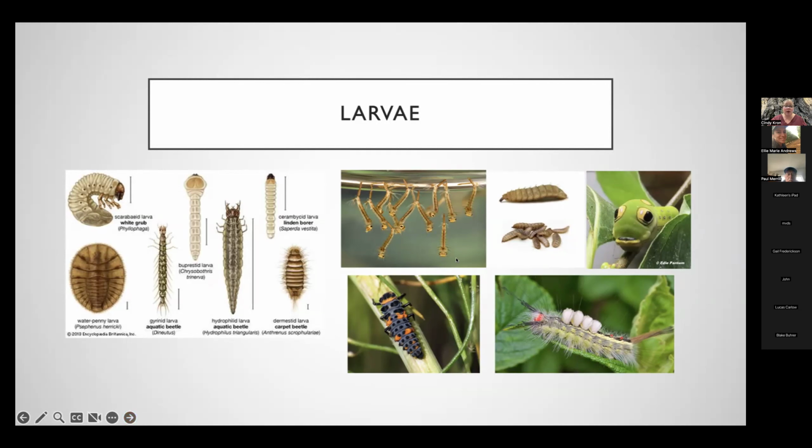One really big one that I've gotten a lot of people asking about is ladybird larvae. They're like, oh my gosh, what is this pest? And it's like, no, this is your beneficial. So knowing what the larvae of ladybird beetles and the pupa look like is important so that you're not killing your beneficials out in the field.